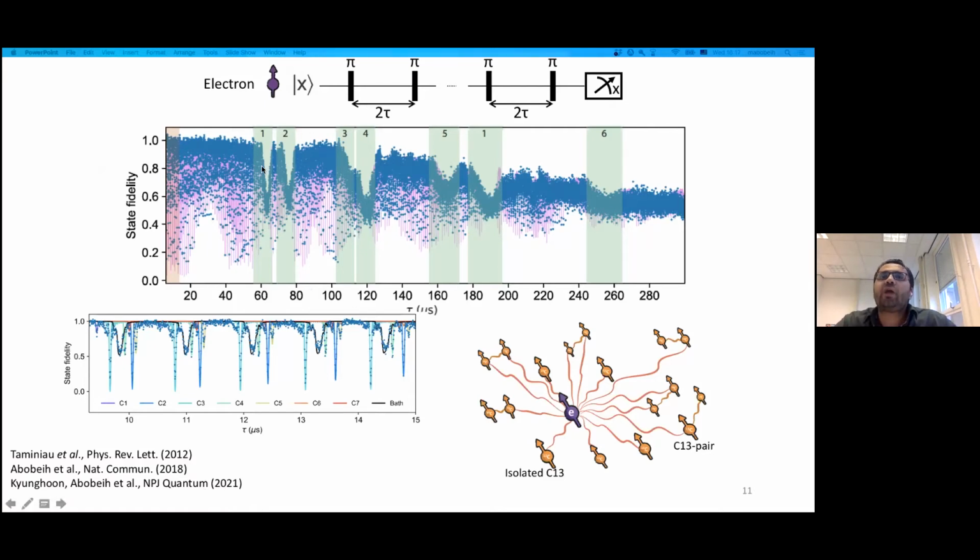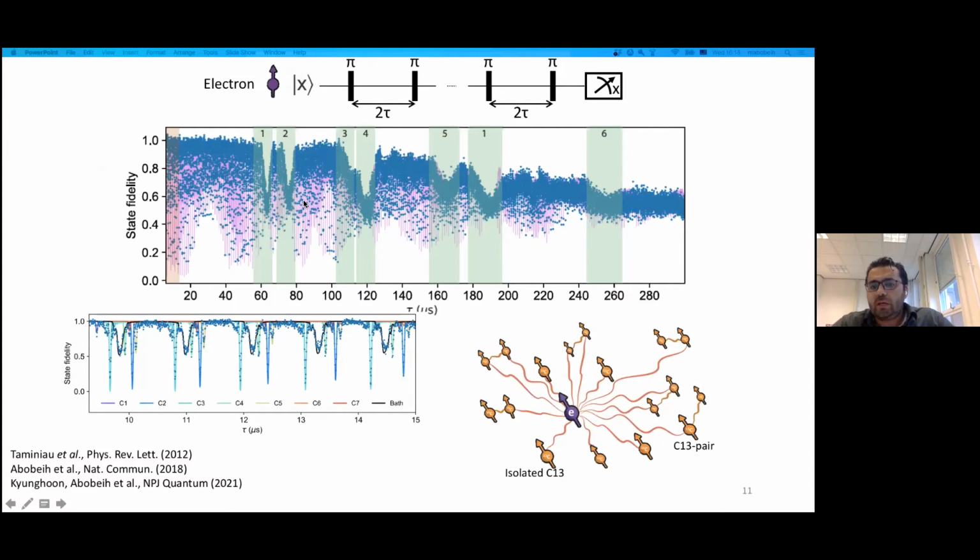So one more thing here, you might notice these broad coherence collapses in the signal, and these are basically due to strongly coupled nuclear spins in the bath. So if you have 2 carbon-13 nuclear spins that happen to be close to each other, this would create this broad coherence collapse in the signal.